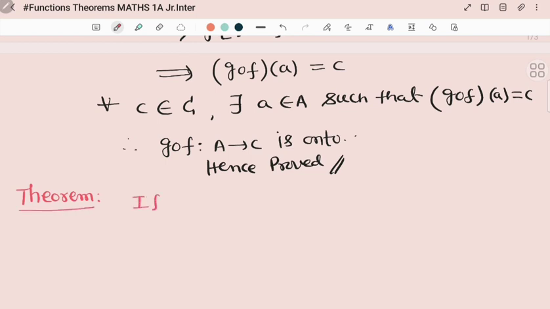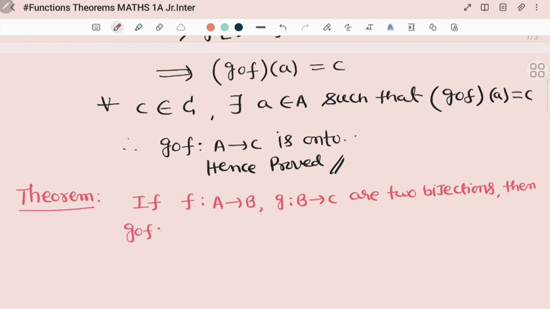If f from A to B, comma g from B to C are two bijections, then g circle f from A to C is also a bijection.